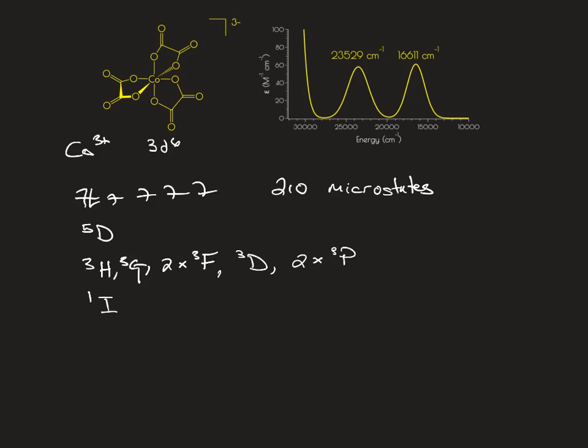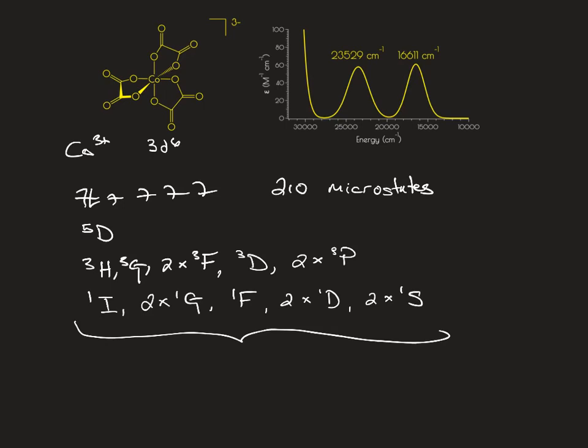A singlet I, 2 singlet Gs, a singlet F, 2 singlet Ds, and 2 singlet S terms. Of course, going from the high symmetry free ion, these are going to further split into lower degeneracy terms when we move into Oh symmetry.